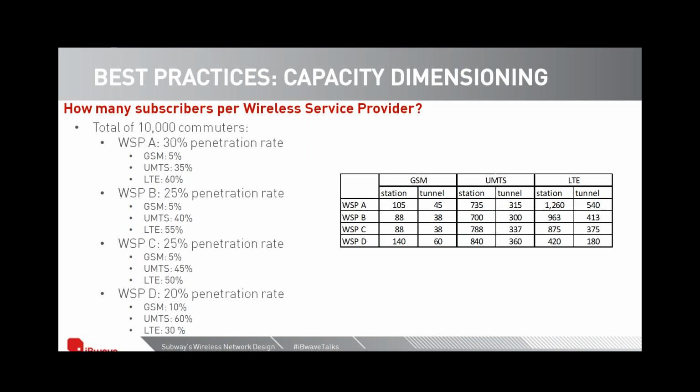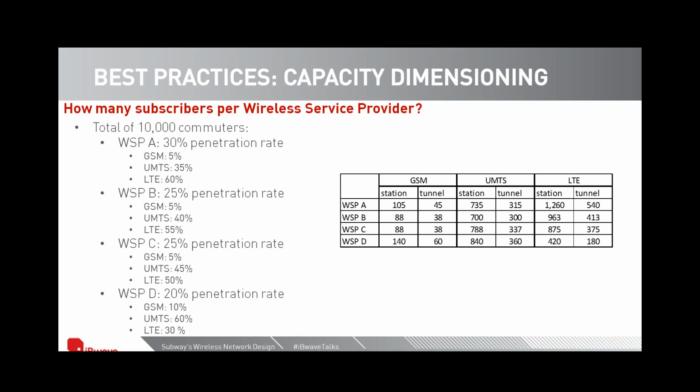When we have all that for all the wireless service providers, we come up with a table that gives you an idea of how many passengers we need to provide for, for all of those wireless service providers, for all technologies, in both locations. As I said, the focus of this presentation is LTE, so we are going to take a look at the numbers here.